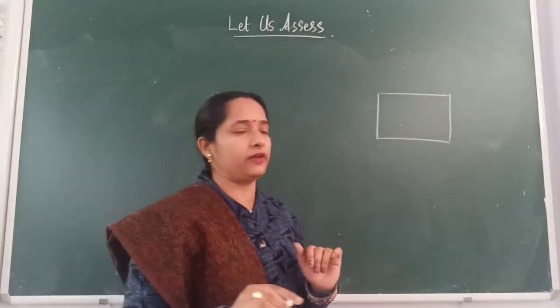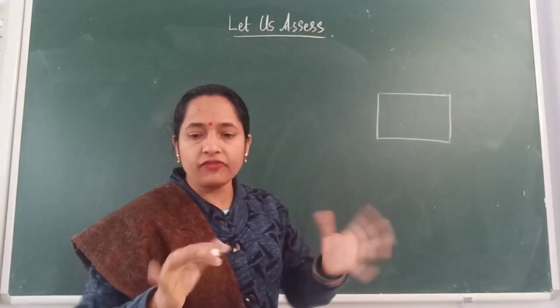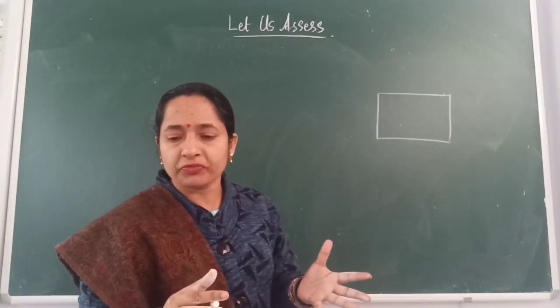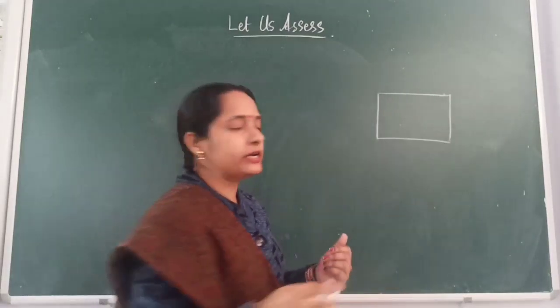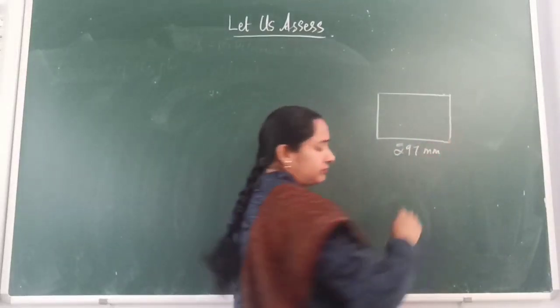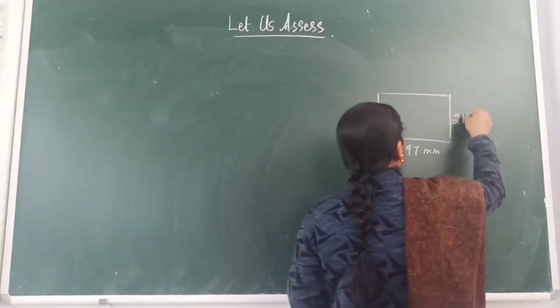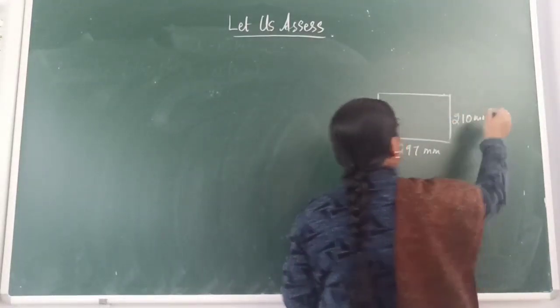So, listen very carefully. Whenever the A4 size dimension is given to you, the length is 297 millimeter, and the breadth is 210 millimeter. Now just have a look.